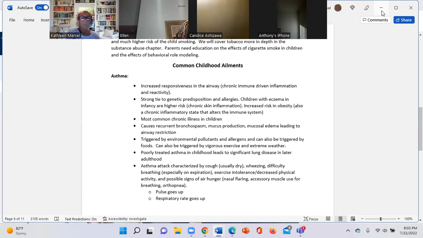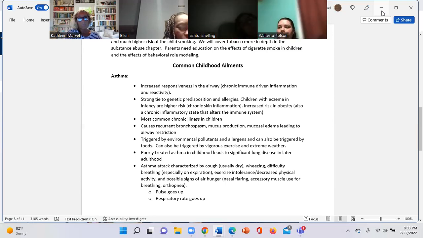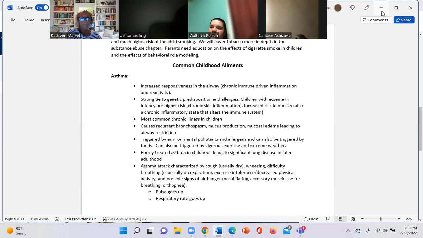Asthma is triggered by environmental pollutants, and allergens can also be triggered by foods. What's the most common food for allergies? Peanuts. Peanuts, nuts. Seafood's getting pretty big, but peanuts is pretty common.